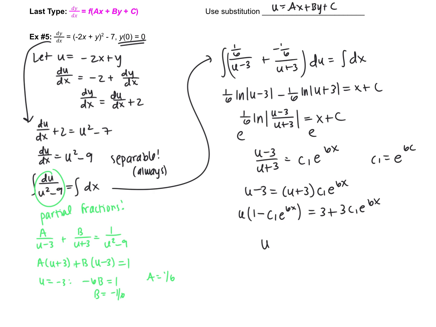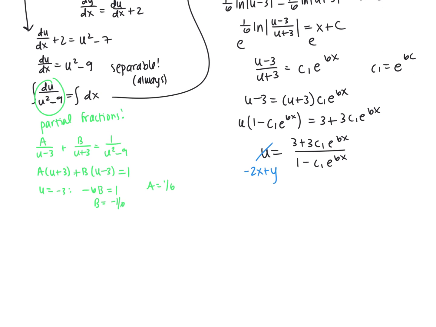So finally, solving for u, we get (3 + 3 c1 e to the 6x) over (1 - c1 e to the 6x). Now here is the unfortunate part where I remind you that we're not solving for u. So if we go back to how we defined u, this is really negative 2x + y. So where that leads us is we get y equals 2x + that fraction.